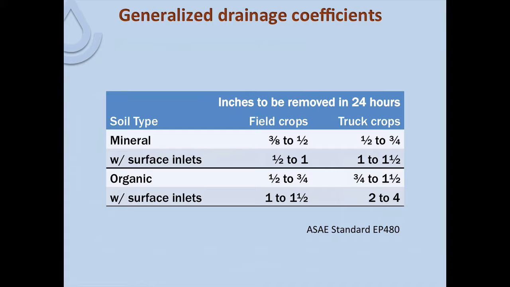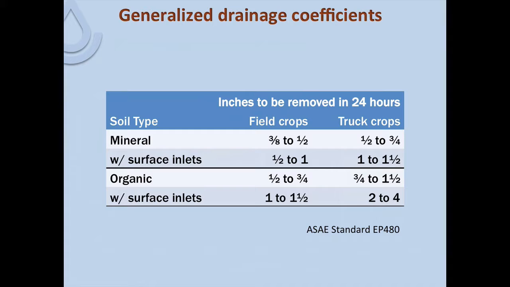It also shows that where we've got surface inlets on the system, we need to size up that drainage coefficient because that system now needs to be able to handle both the subsurface water but also the additional surface water that we're designing that system to handle, and so that drainage coefficient needs to go up to reflect that.